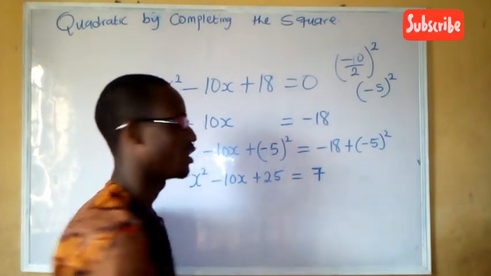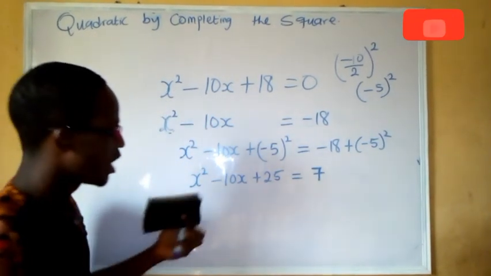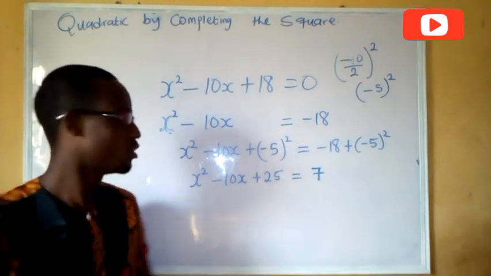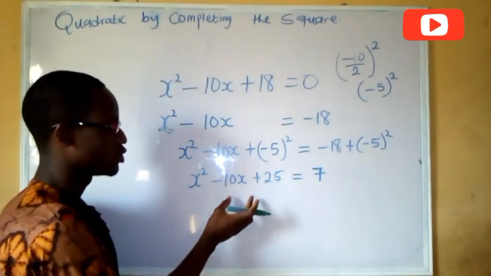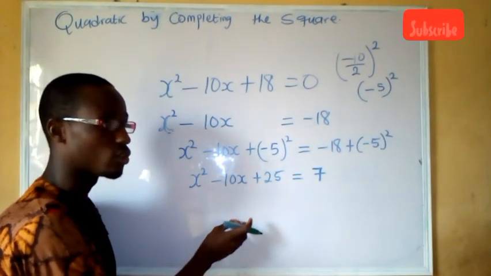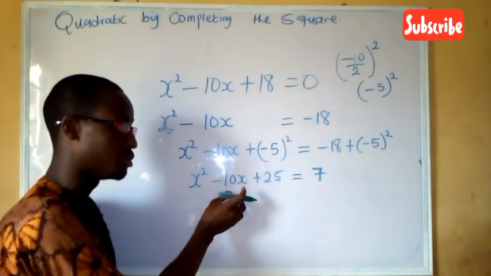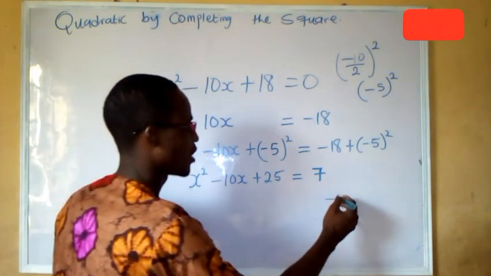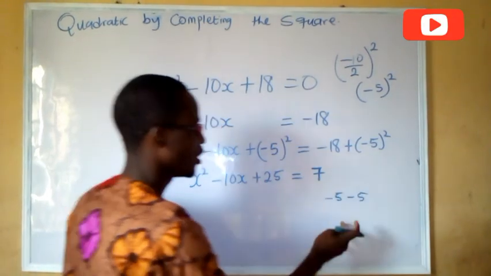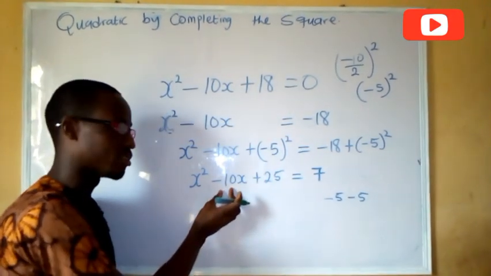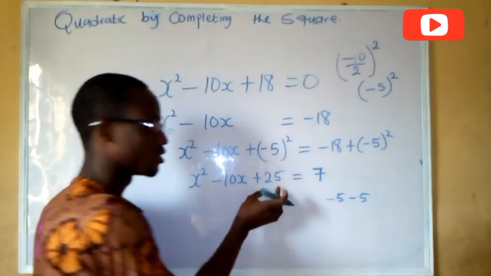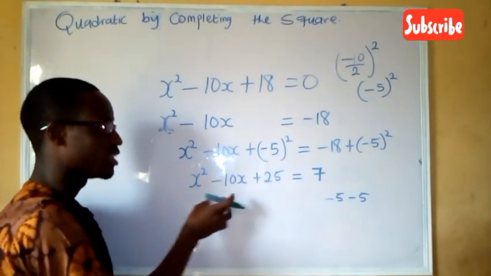We're going to have 7 here. Having this, I can factorize this side now. To factorize, I know that the numbers of which the sum will give us minus 10, which is b, are minus 5 and minus 5. The sum of these gives minus 10 and the product gives 25. So then this side is factorizable.